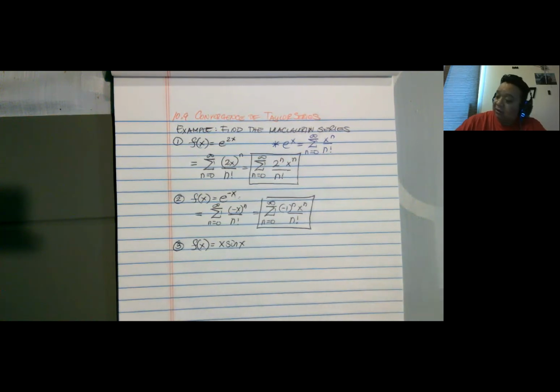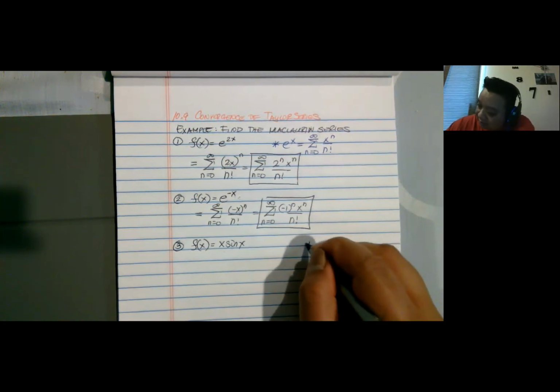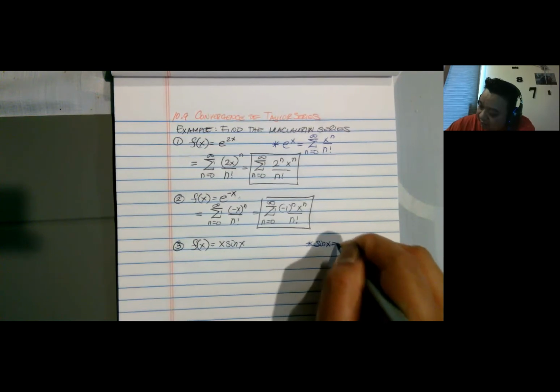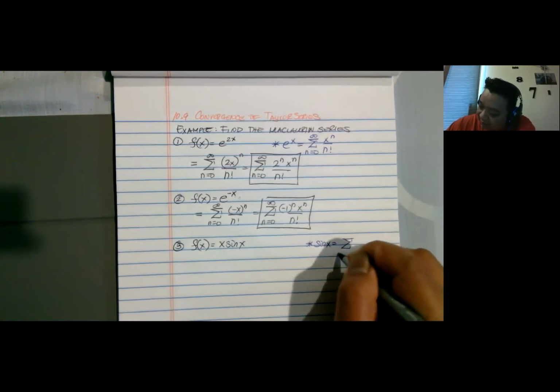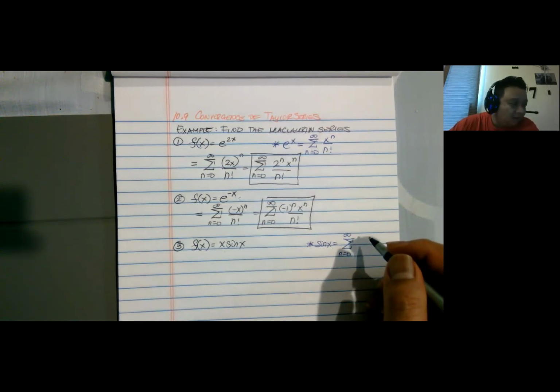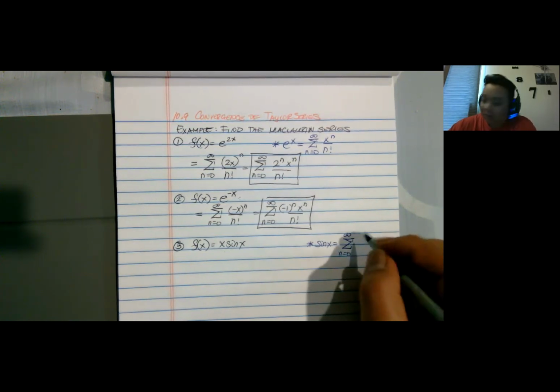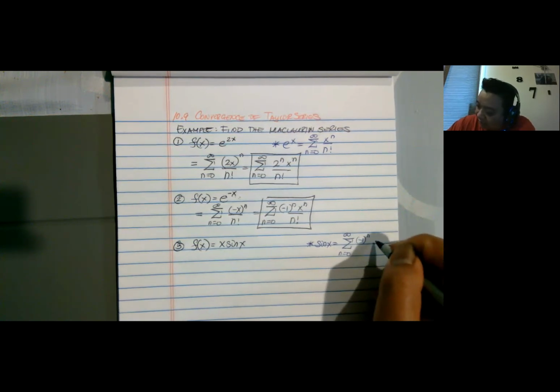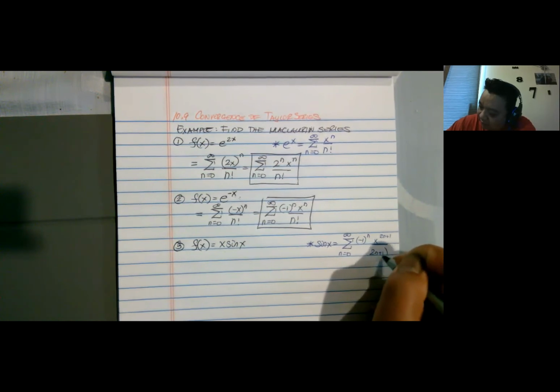So recall, sine x is the power series from 0 to infinity of, sine is the odd one, so it would be negative 1 to the n, x to the 2n plus 1 over 2n plus 1 factorial.